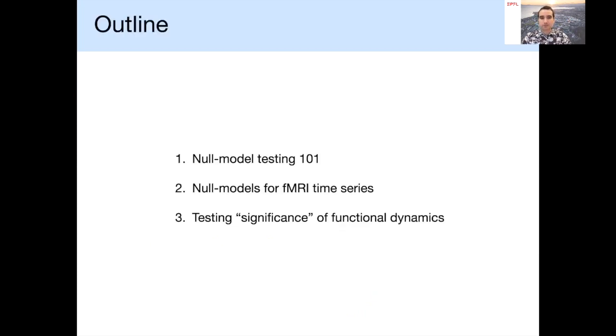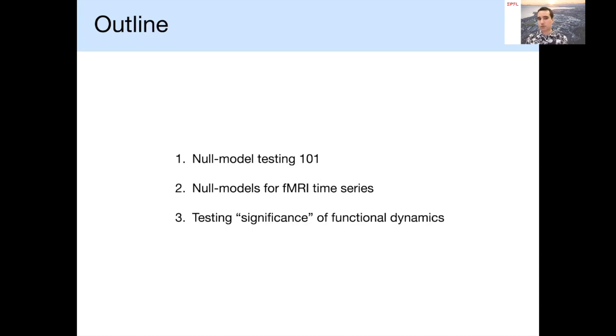Okay, so this is the outline of the course. I will start with just the basics of null model testing, so that everyone is more or less on the same page with the same methodological tools to understand what we are doing when we do null model testing. Then I will present a few null models for fMRI time series.